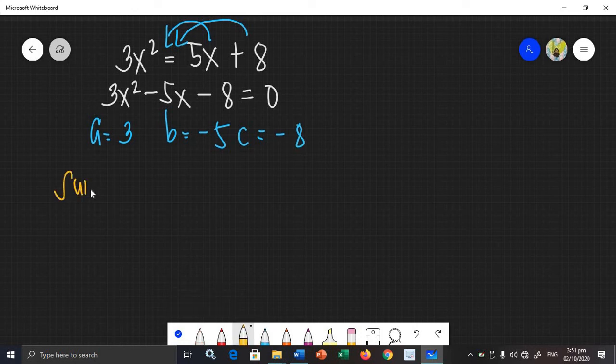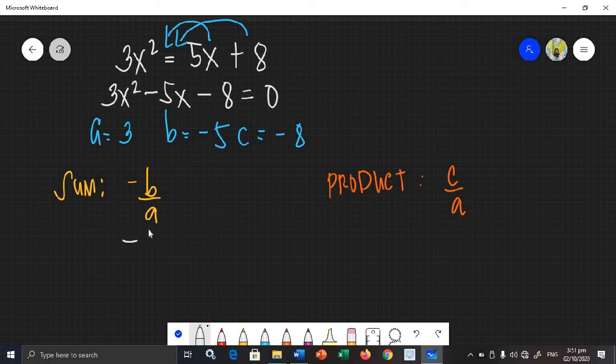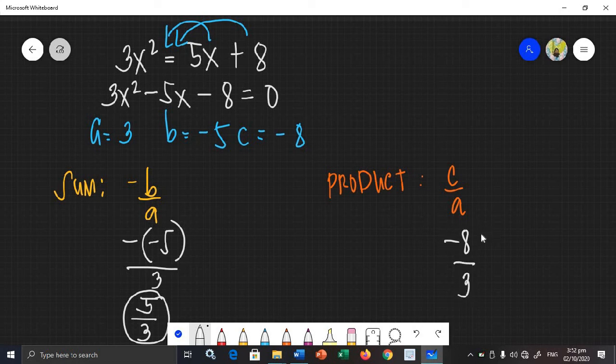Formula for the sum of the roots is negative B over A. For the product of the roots, the formula is C over A. So now substituting the given, you have negative times the quantity negative 5 over 3. Negative times negative 5, it will become 5 over 3. So the sum of the roots is 5 over 3. The product is negative 8 over 3.